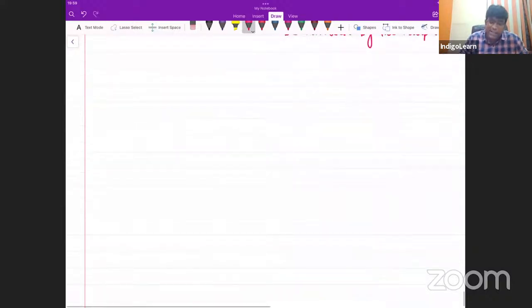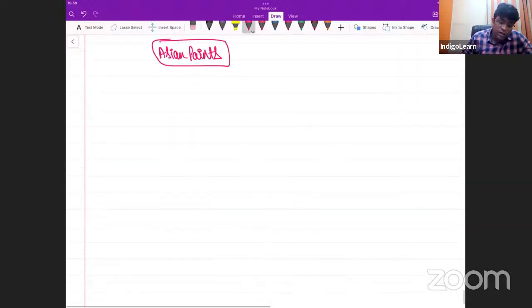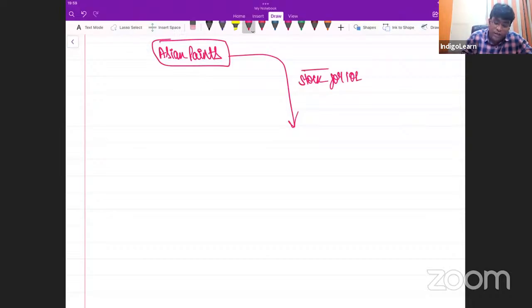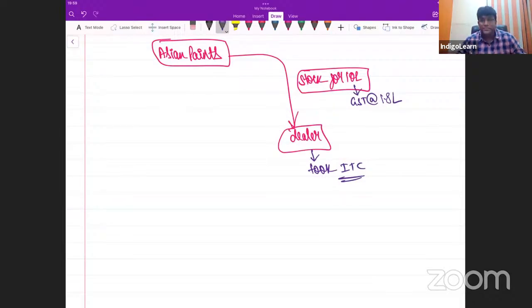So for example, guys, let's take a small example. There is one company known as Asian Paints. They have sent some stock worth 10 lakhs to one dealer. On this 10 lakhs, GST is charged at 1.8 lakhs and the dealer also took input tax credit.